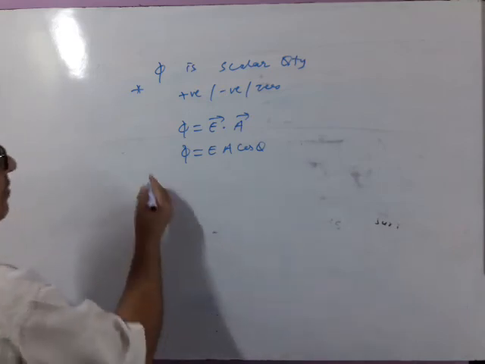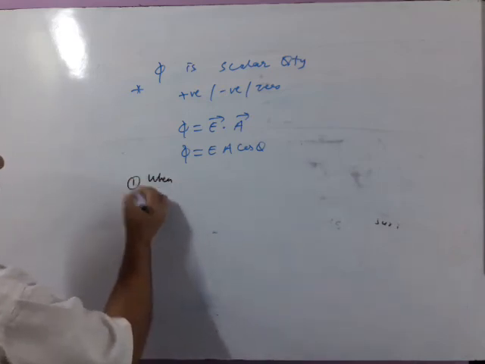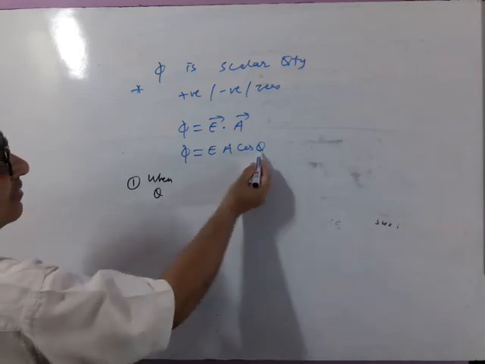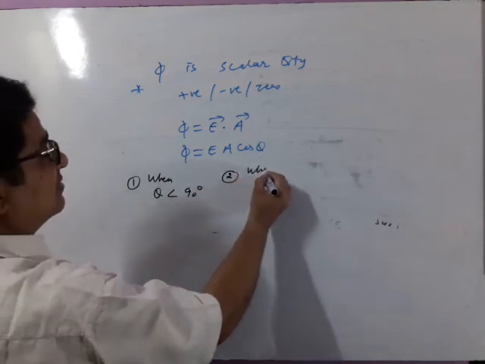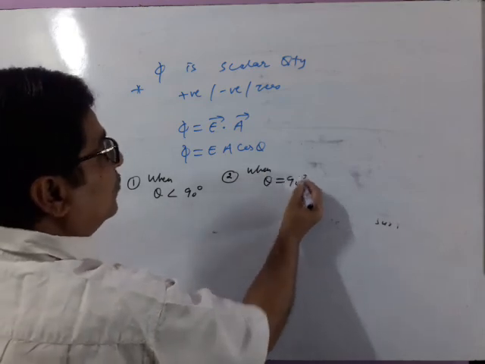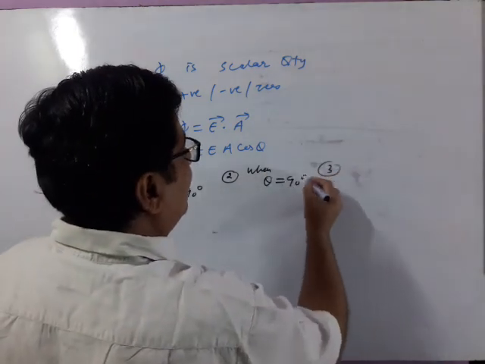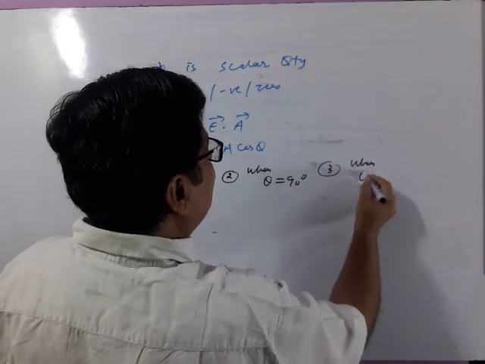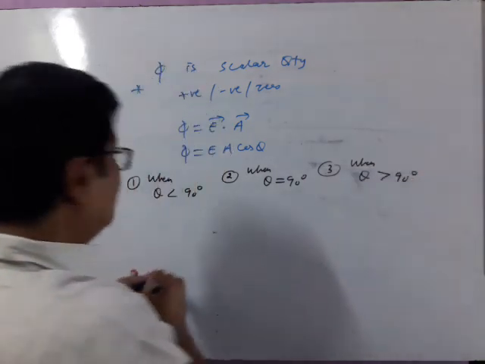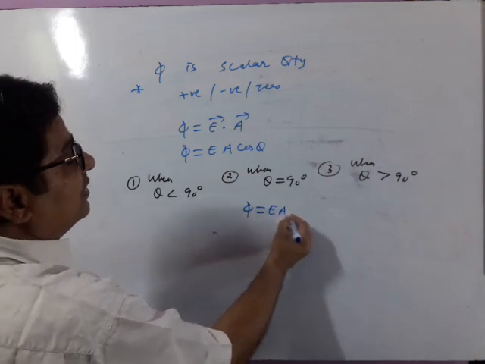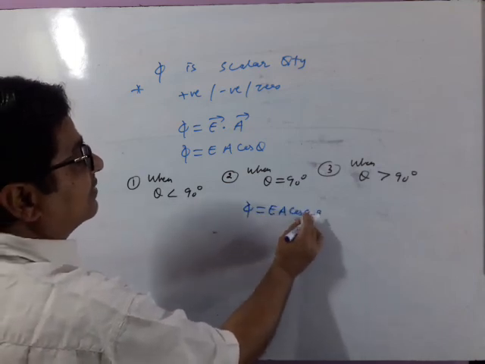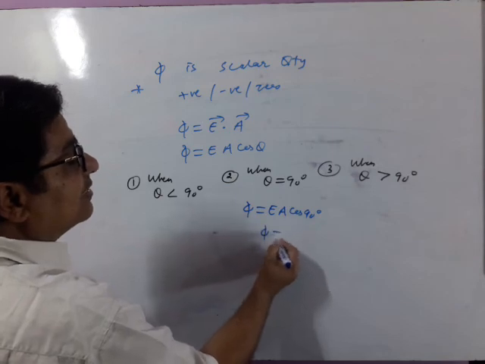You see, when theta is less than 90, when theta equals 90, and third, when theta is greater than 90. Now first of all, theta equals 90. So flux will be EA cos 90. So cos 90 is 0.